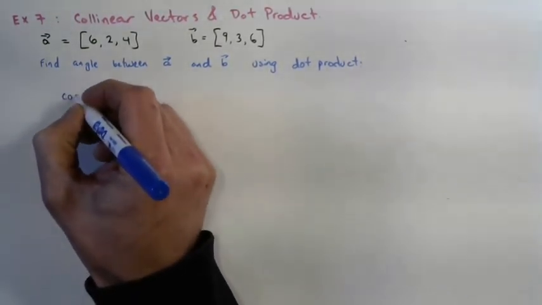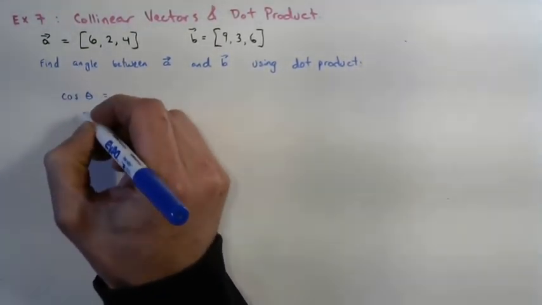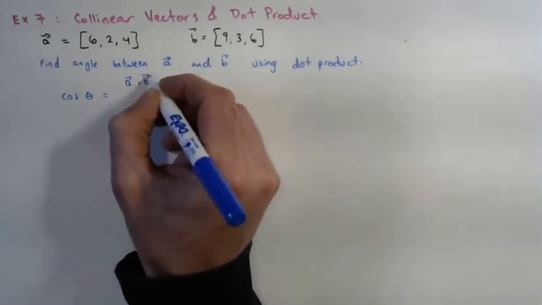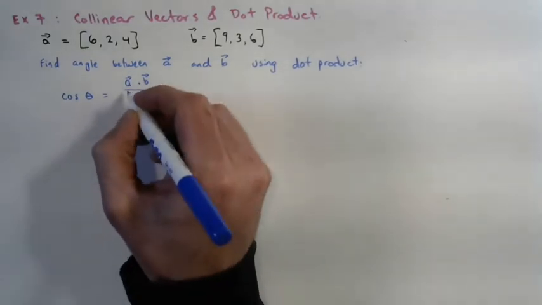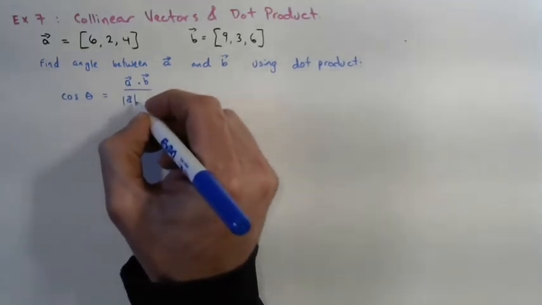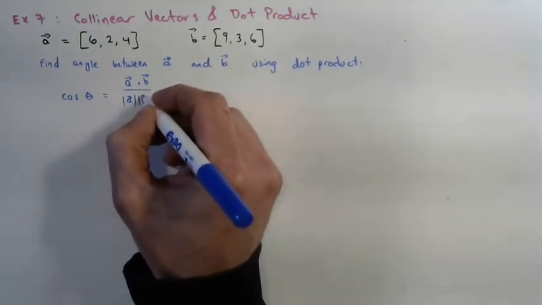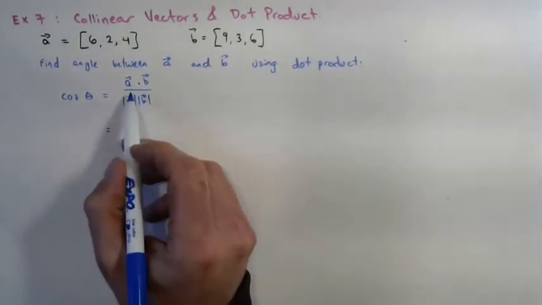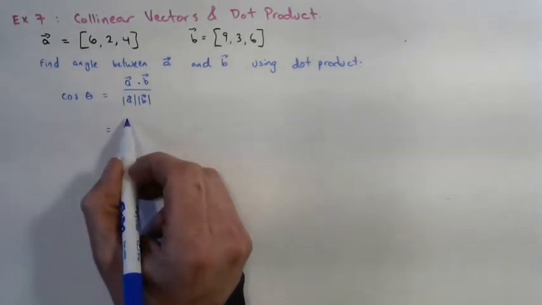We know that the cosine of theta, theta being the angle in between them, is equal to the dot product of A and B over the product of the magnitudes of A and B. We'll just plug in our vectors first so we can see what we're talking about.